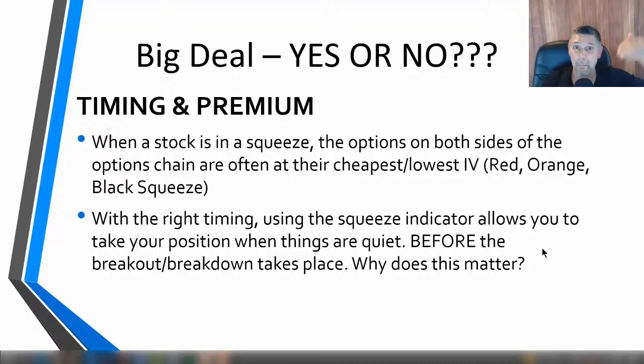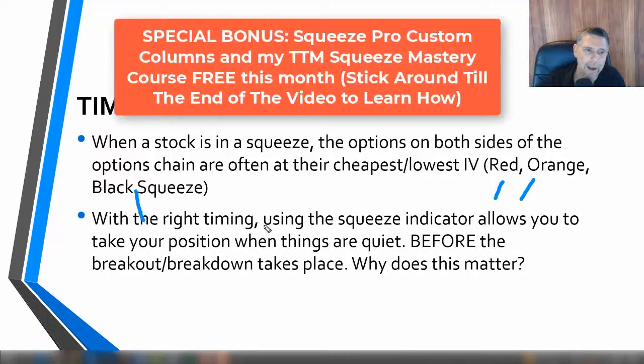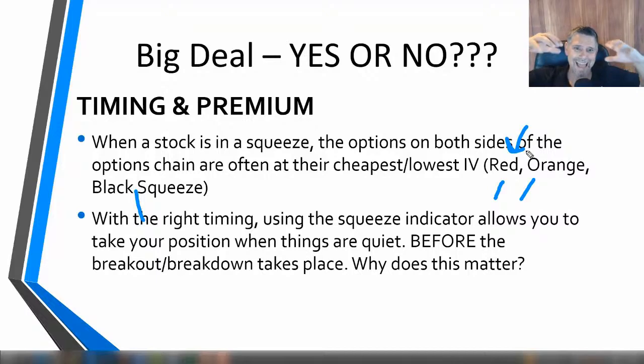So if you're going to be a buyer of an option, for example, it allows you to get in when it's at the cheapest. Now, if you notice, I put red, orange, and black. For those of you that have the Squeeze Pro, and why do I say the Squeeze Pro? The regular Squeeze gives you the red dot, right? When you get a red dot on the chart, that is showing you that period of time where it's contracting, right?